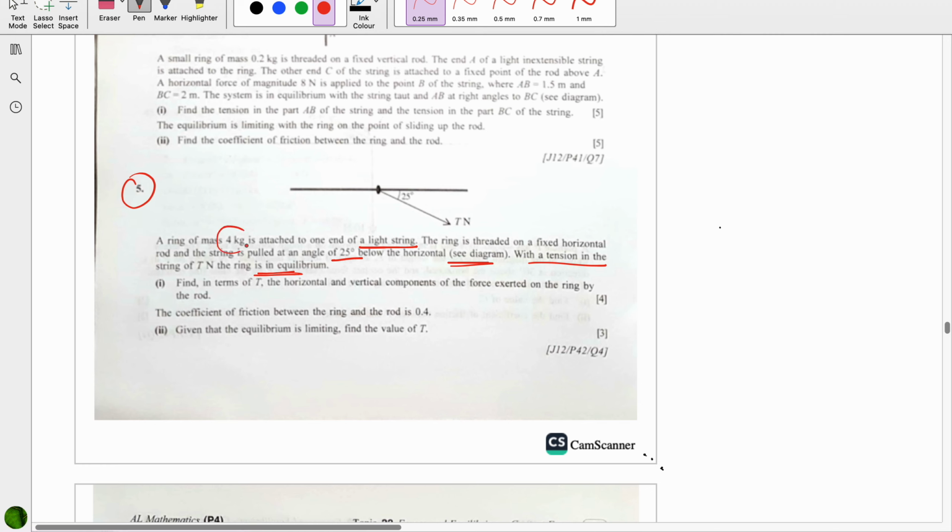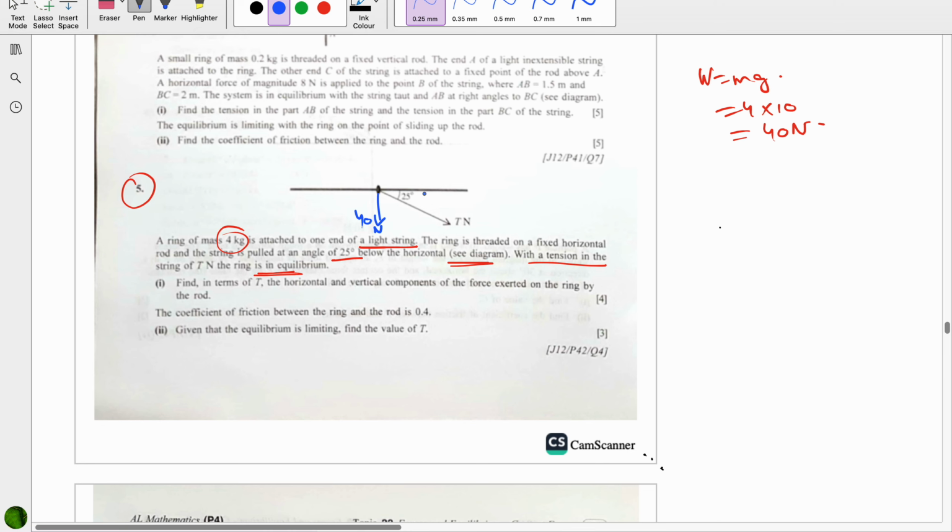So we know one thing, that it has a mass of 4 kg. So W equals mg, mass is 4, gravity 10, so 40 newtons. So we add this to it, 40 newtons. Now find, in terms of T, the horizontal and vertical components of the force exerted on the ring by the rod.